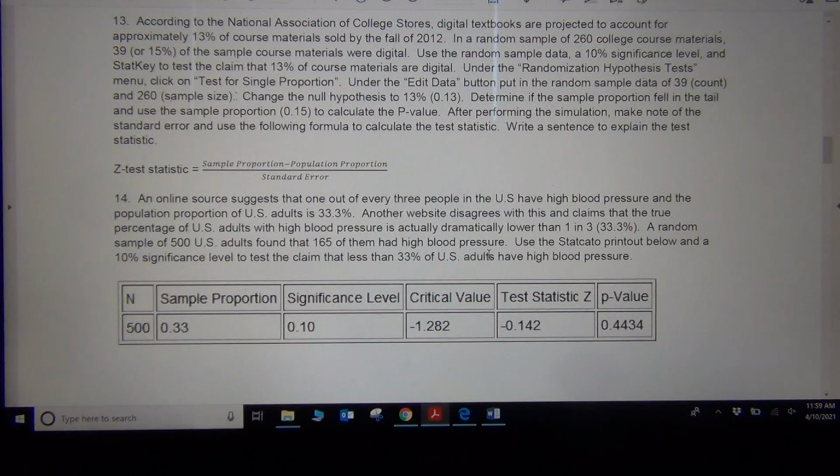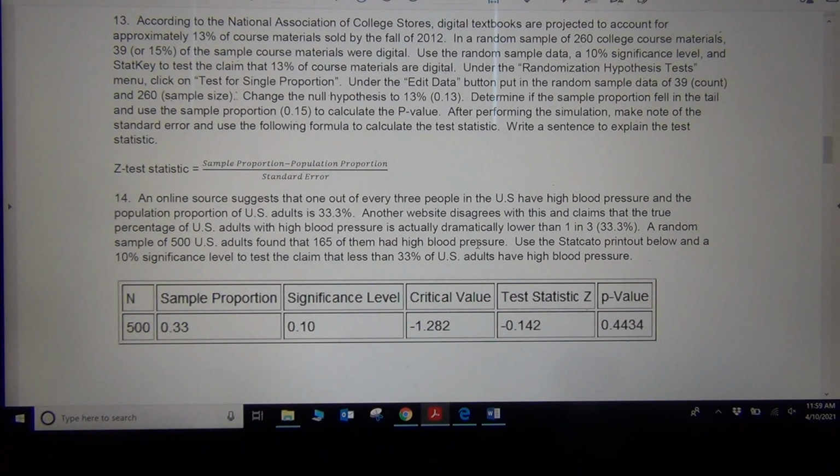Introduction to Statistics for Community College Teachers. This is section 3F, number 13, so let's take a look at it. It says, according to the National Association of College Stores, digital textbooks are projected to account for approximately 13% of course materials sold by fall 2012.